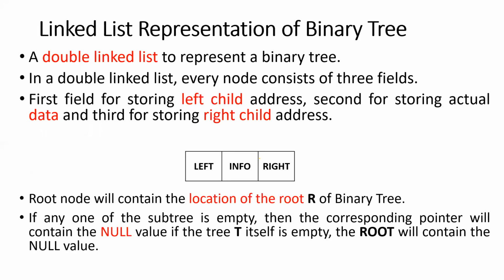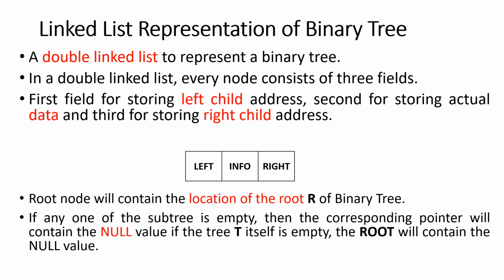Now we are moving on to the linked list representation of the binary tree. As we have seen in all other data structures, here also we can implement the binary tree data structure using a doubly linked list. In a doubly linked list, each node consists of 3 fields.